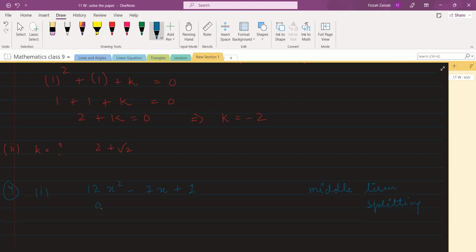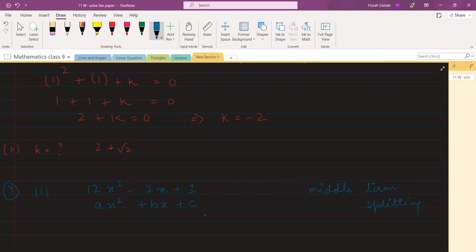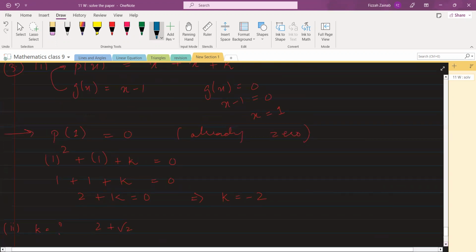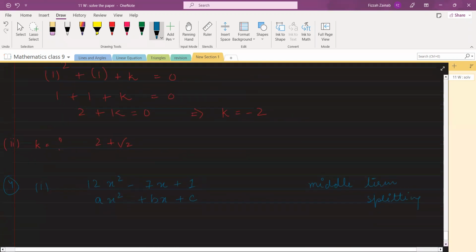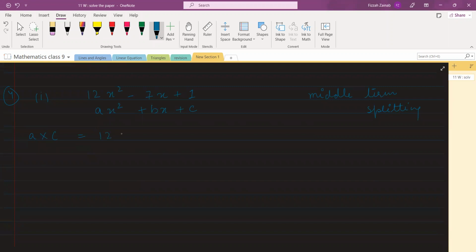See, this is of the form ax square plus bx plus c. Please try to understand. The first step, as I told you, is to multiply a into c. Here we will multiply 12 into 1, so you get 12. Is it clear? Yes, ma'am.